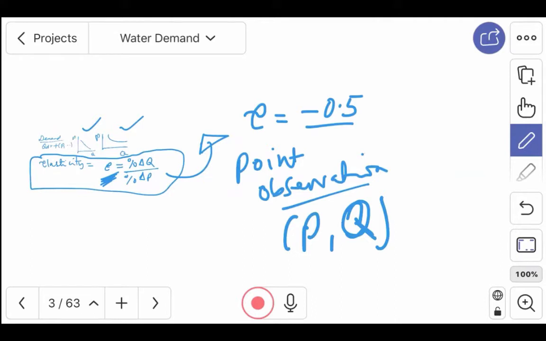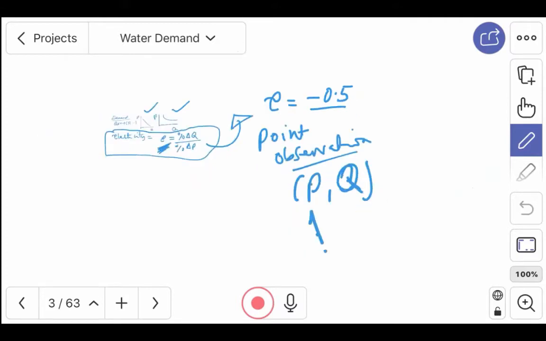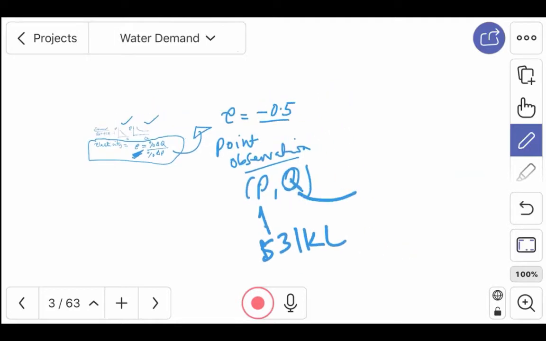So I could say, well, I know from previous studies, the elasticity of demand for water is minus a half. Let's see what the price is this year. And the price this year is, let's say, $3 a kiloliter, and let's say the quantity is 35. Then can I work out what the demand curve is?